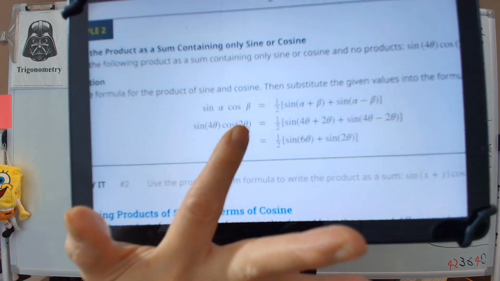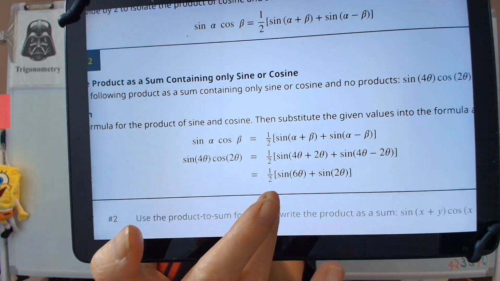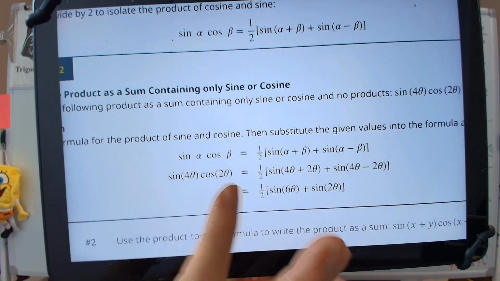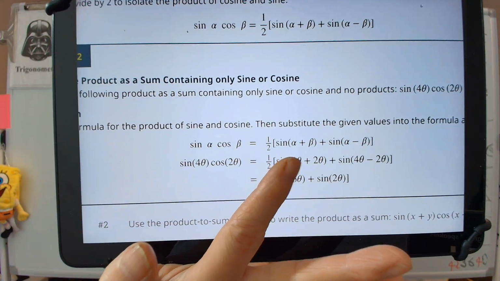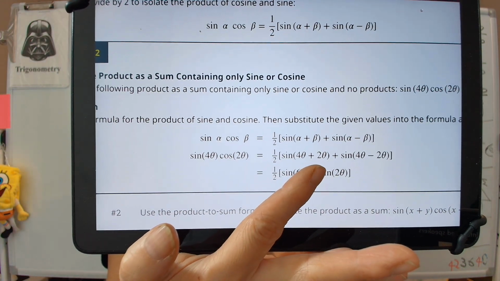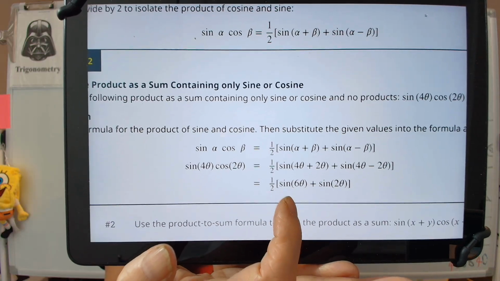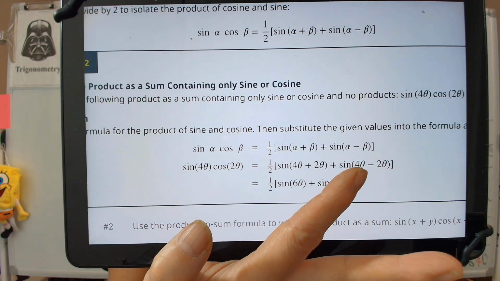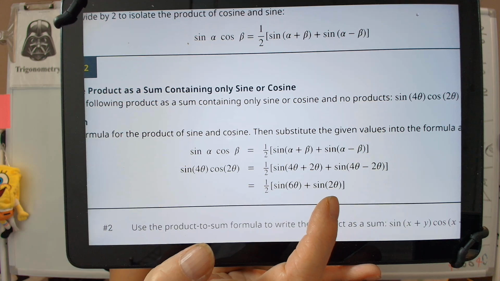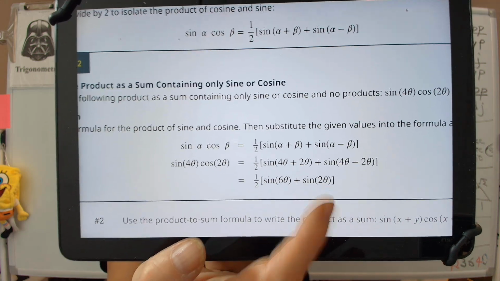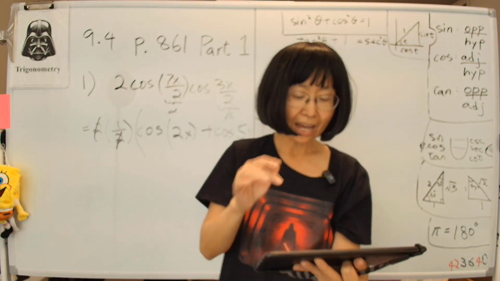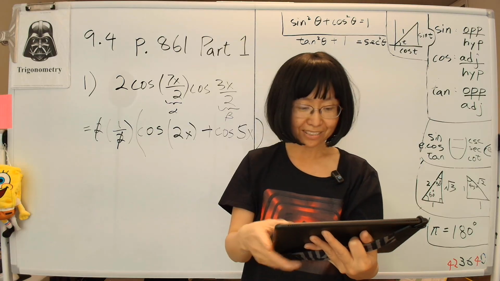So sine alpha cosine beta, as the formula on top says, is equal to 1/2. And then the 2 angles added up, which is 4 plus 2, is 6, right there. And then the second part of the formula is 4 minus 2, is 2, right there. Is 1/2 so here, and that's the answer. So please do that yourself, okay?